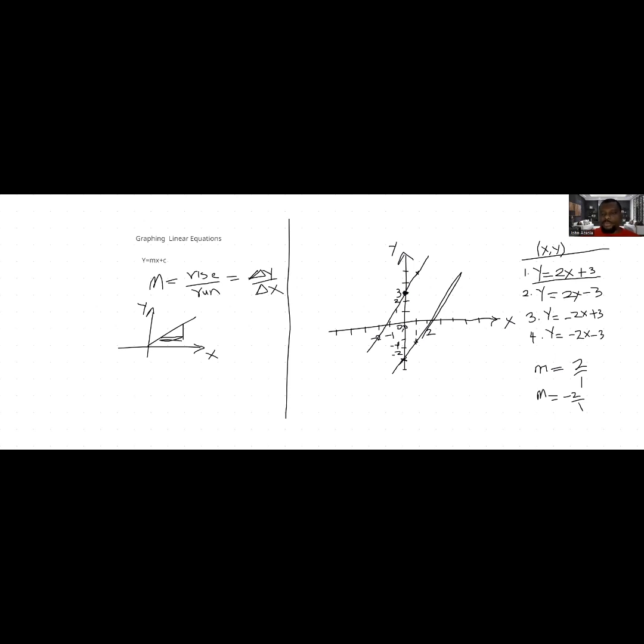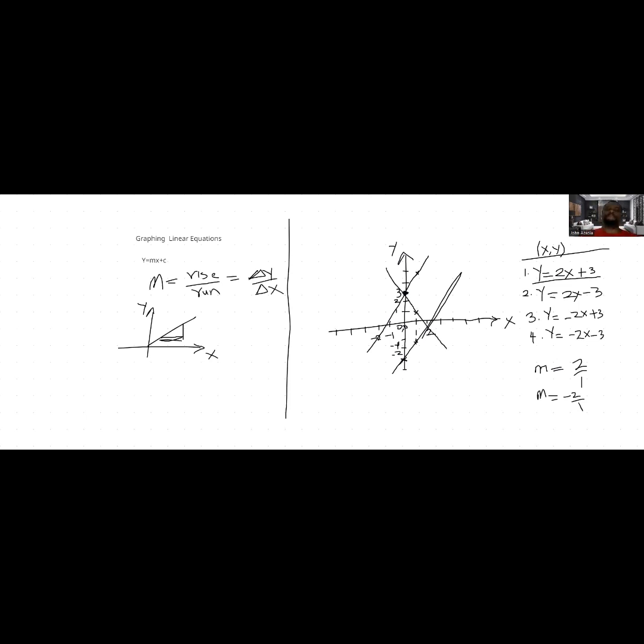So from this positive 3, when the rise is negative, we'll go down below it, 1, 2, 2 points below, and then the run is positive 1. We'll go to the positive x-axis one place, and we'll have the point there. Just join the 2 points together, and we have the line y equals negative 2x plus 3.